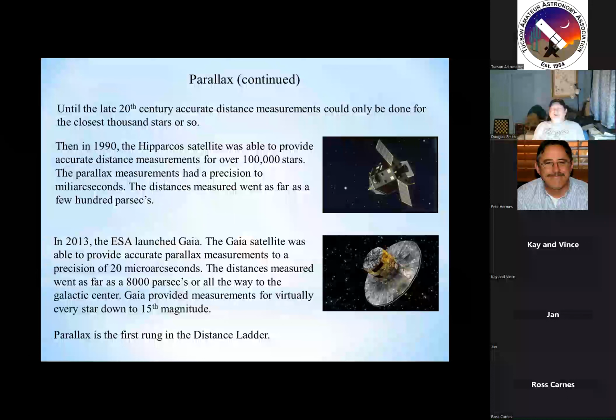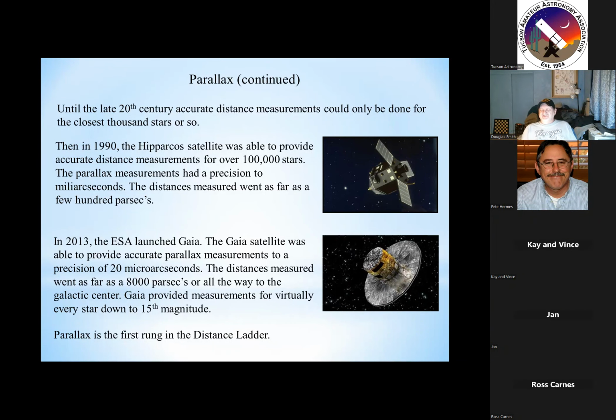And then the good one that came out was in 2013. The European Space Agency launched a satellite called Gaia. Gaia was able to provide parallax measurements with a precision of 20 micro arc seconds.